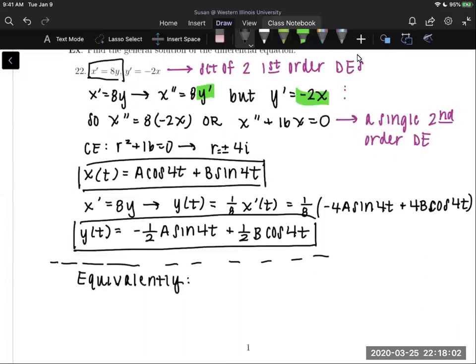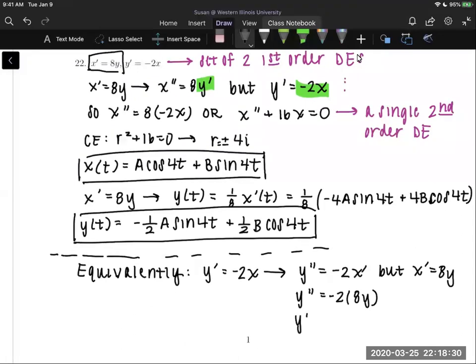But if instead we decided to look at y prime equals negative 2x, then following that same method, I could say y double prime equals negative 2x prime. And then I would look back up at my other DE where x prime equals 8y, and I would say, okay, y double prime equals negative 2 times 8y.